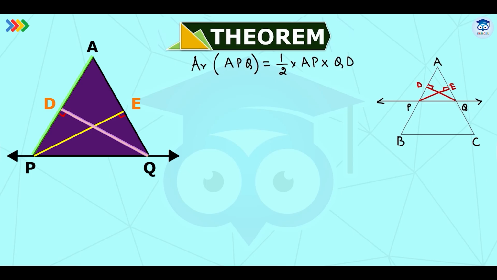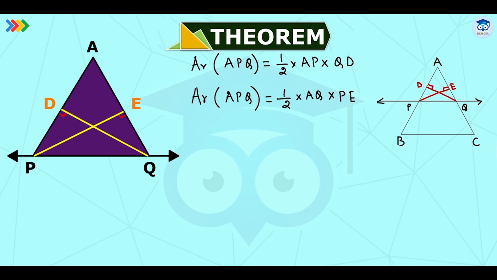Now again we can calculate the area of the same triangle APQ using the other side, that is this side, so it will be equal to half, and the base we now use is AQ, into the height PE. Now here we can see that both areas will be of the same measure, right?